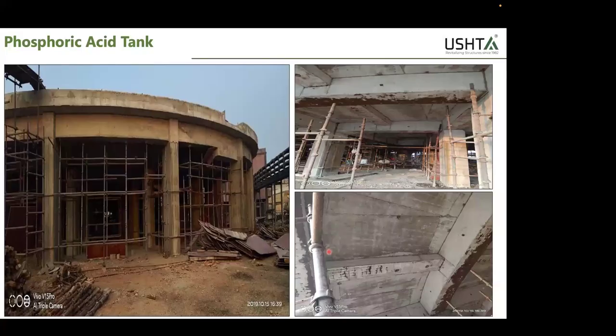Because when you have a congestion of reinforcement, you should never go for these kinds of tests. UPV, ultrasonic pulse velocity, uses a sound wave, and they measure velocity; if the velocity is more than 4.5 kilometers per second, it is good concrete. But in a densely reinforced section, the UPV readings will be very high. I'll tell you the reason why.